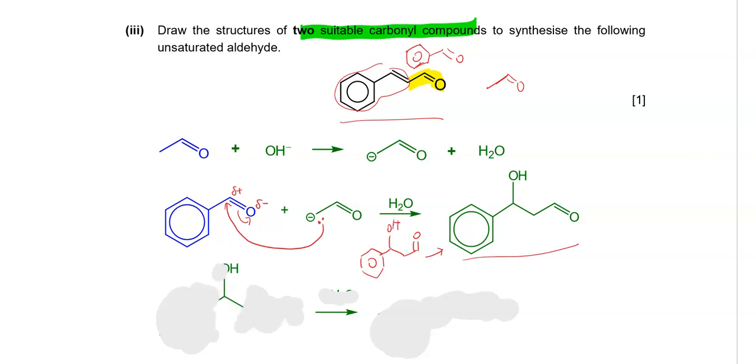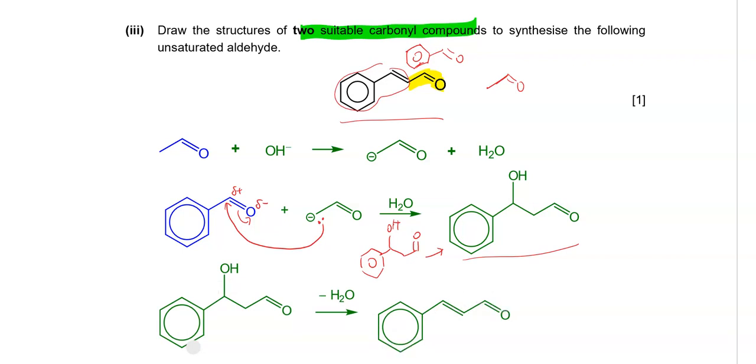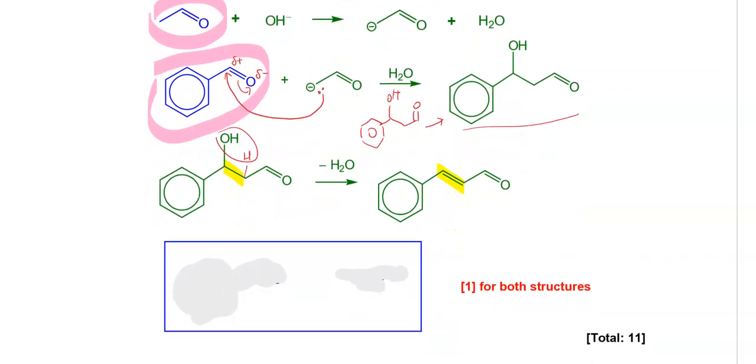Then this undergoes elimination. Remember, we talked about elimination just now. With the adjacent hydrogen, this undergoes elimination and forms your double bond. So what are the two carbonyl compounds you need? One, and two. And that's why these two are the structures. That's it for question 2.